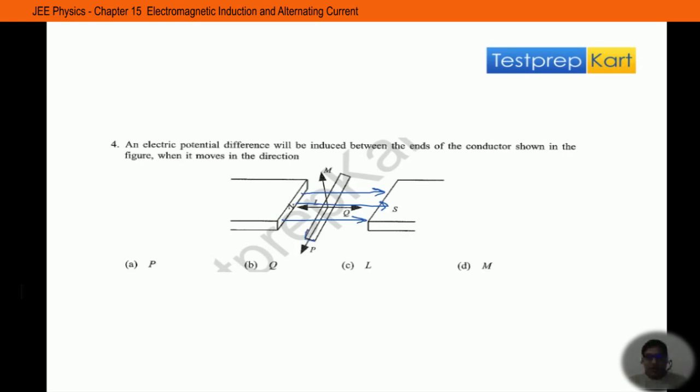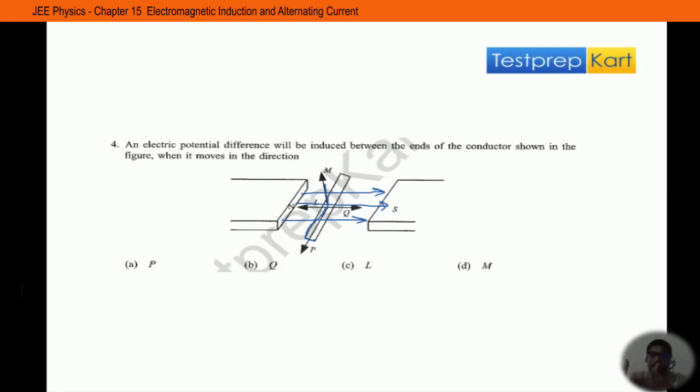We need to move this conductor in such a way that the net flux passing through it changes. If we move this conductor in the direction of M, the area intersecting the field would change.